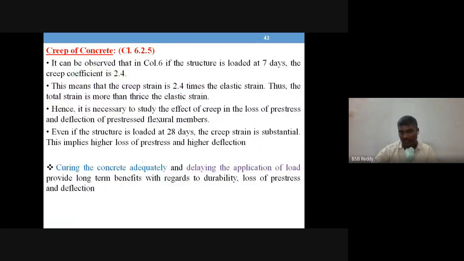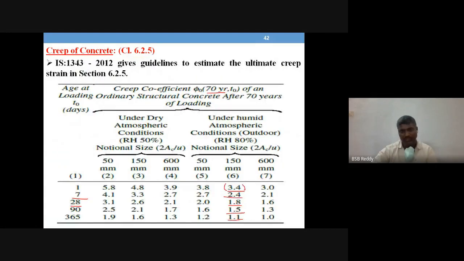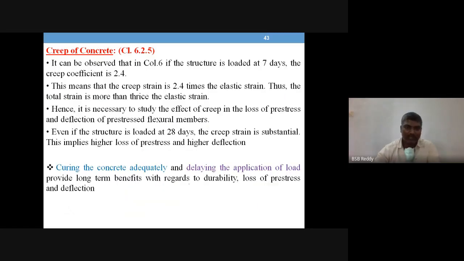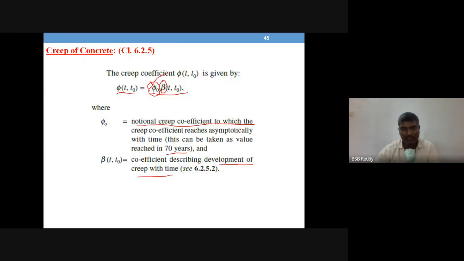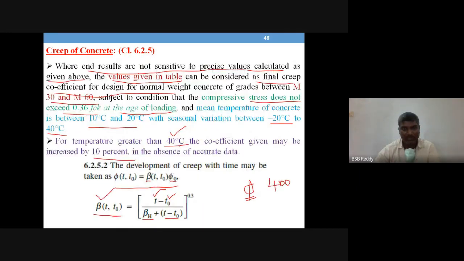Or maybe read a value from the table also, if the creep coefficient value that you want is not a precise value. These formulas are all available in IS 456 2012.